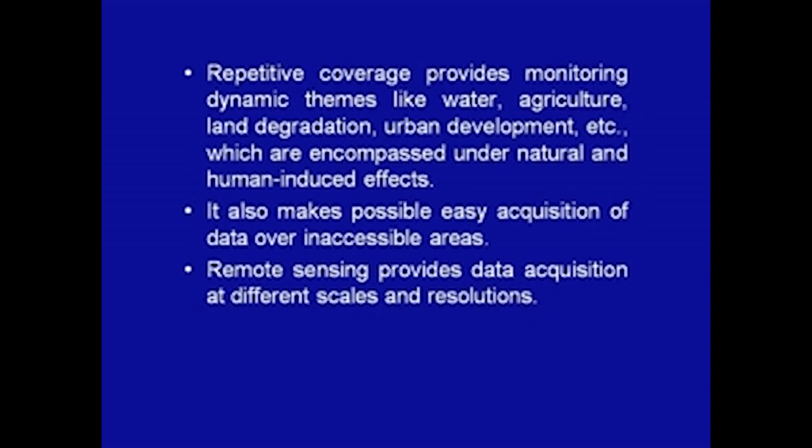Repetitive coverage provides monitoring of dynamic themes like water, agriculture, land degradation, urban development, etc., which are encompassed under natural and human induced effects. It is also possible to easily acquire data over inaccessible areas. Remote sensing provides data acquisition at different scales and resolutions.